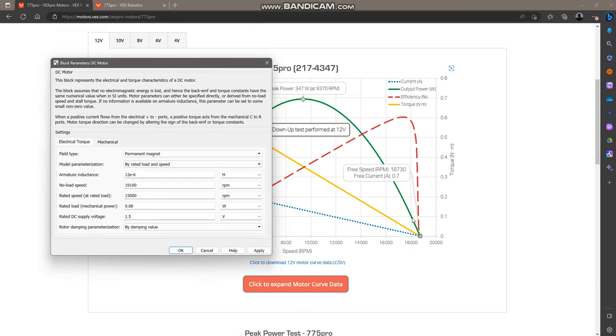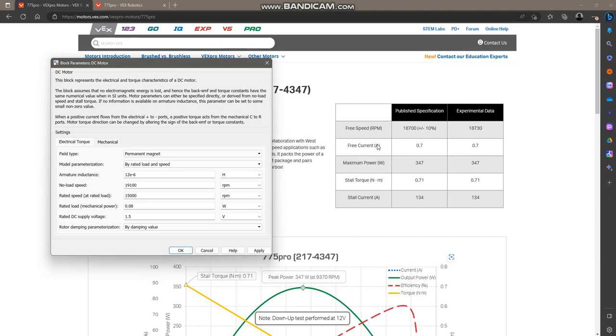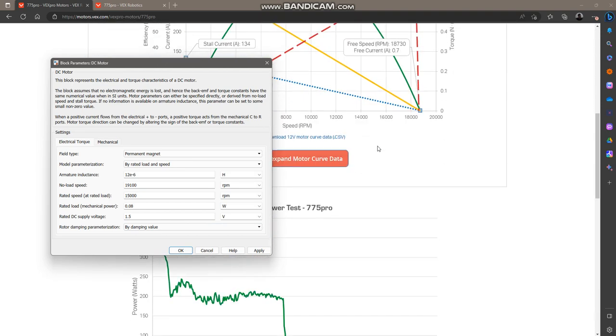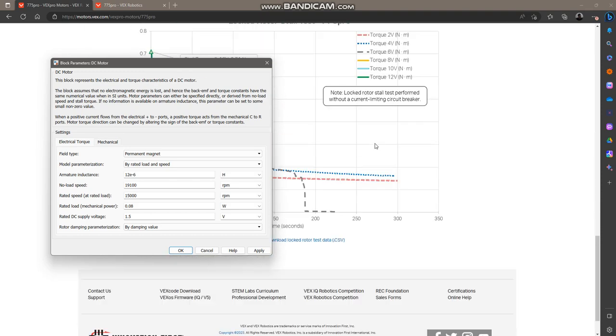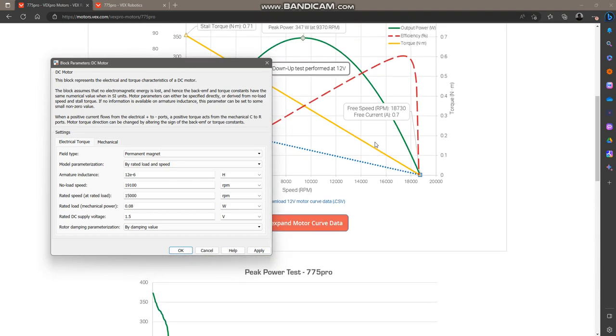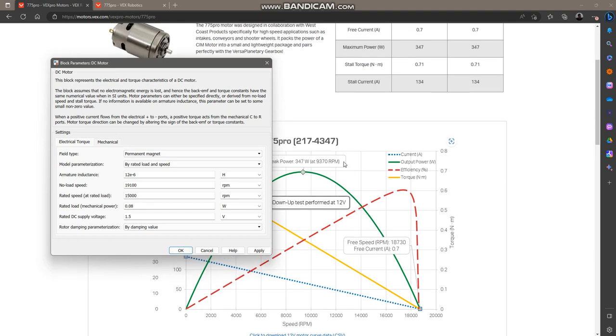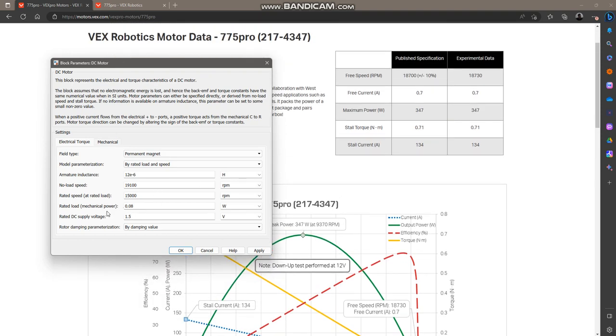Rated speed can also be found, which is the maximum speed you'll obtain at any given voltage. Rated load is also visible, and so is rated DC supply voltage, which is 12, since the motor hasn't provided any. I think in another version of this datasheet I found that it's rated at 12 volts. So let's just keep that in mind. So approach 3 is possible as well.